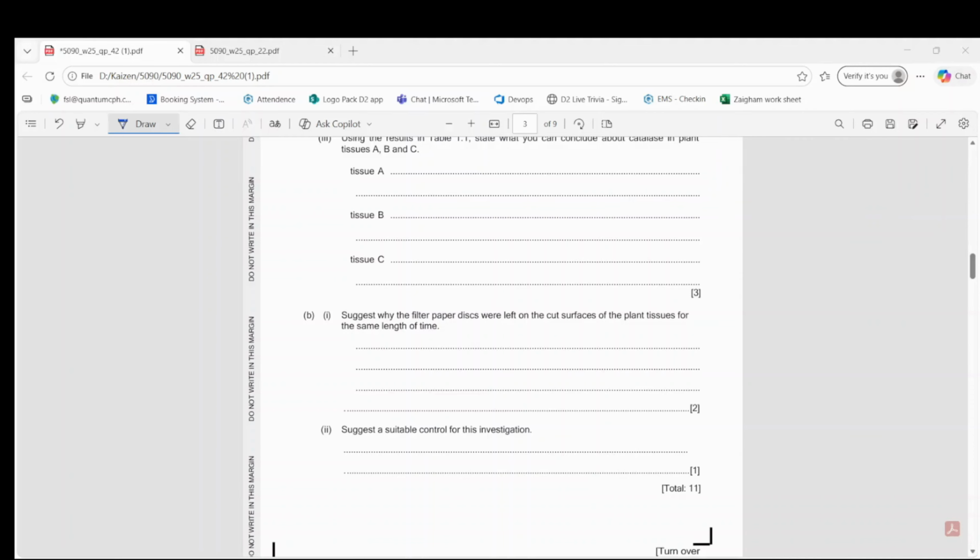So the independent variable should be absent. It can be boiled tissue instead of these tissues. We can just boil them to represent denatured enzymes. Or the second thing is we can even use water in the disc. First we put the disc on the tissue so that the enzymes can be absorbed. So instead of enzymes we can use just water.